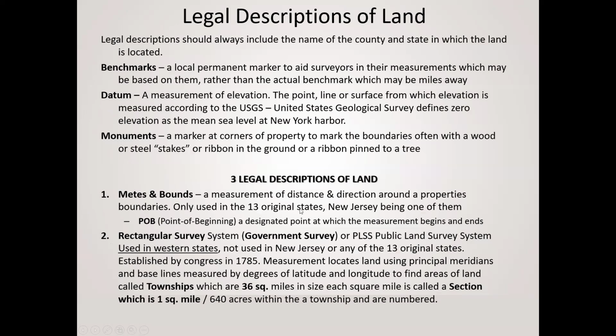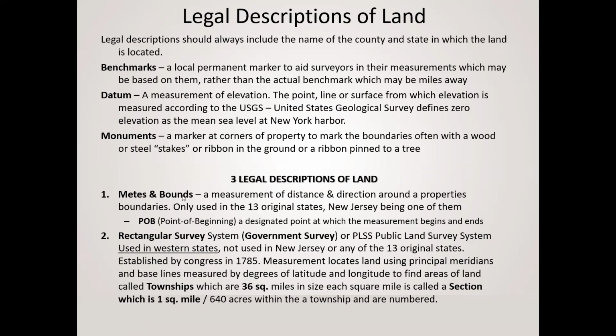Now, a rectangular survey, also known as the government survey, is used in Western states. It is not used in New Jersey or any of the 13 original states. You need to know that for exams as well. It was established by Congress in 1785.